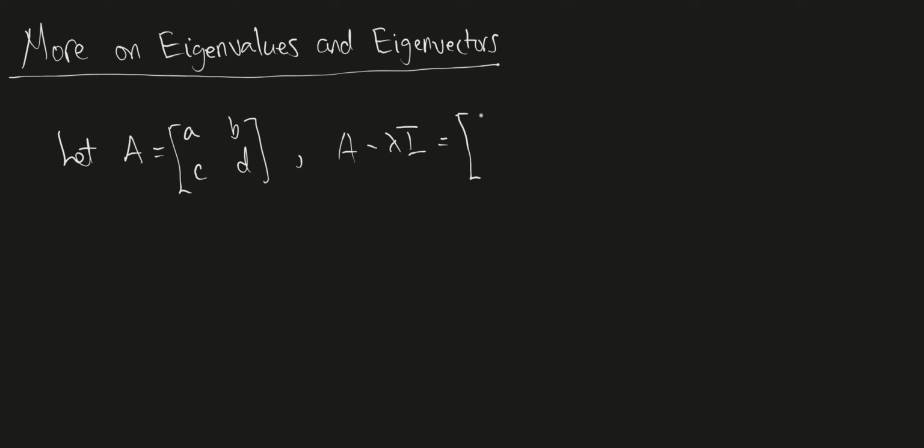Here we have A, B, C, D, and then minus, distribute the lambda to the 2 by 2 identity, and we'll have lambda, 0, 0, lambda. And then subtract. When we subtract, what are we going to get? Well, we'll have A minus lambda, B minus 0, C minus 0, and D minus lambda.